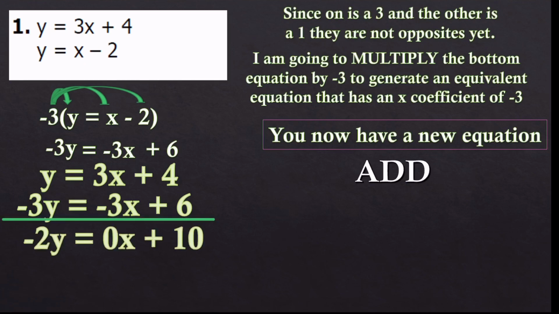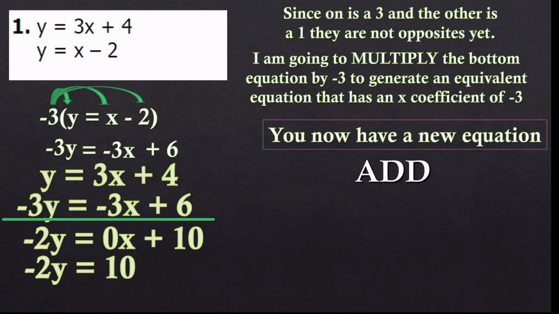And then I add 4 and 6, I get 10. Remember, ladies and gentlemen, my whole point was to cancel the x's out. And I did that, okay? We don't write 0x. That's just an unnecessary placeholder. I don't put it, okay? So really what you get is negative 2y equals 10.